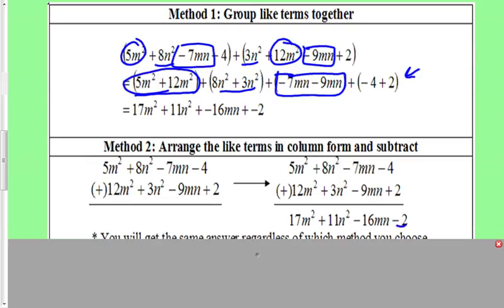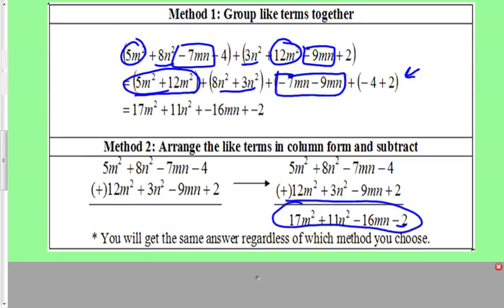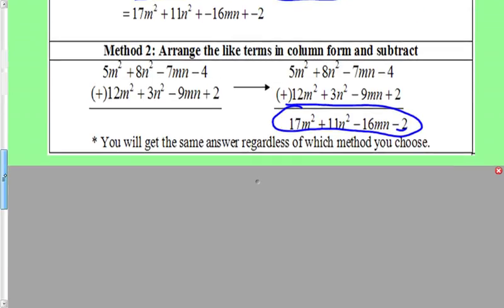Negative 7mn minus 9mn is negative 16mn. 8n squared plus 3n squared is 11n squared. And then 5m squared plus 12m squared is 17m squared. And we get the same result here, just adding it a different way. Totally up to you which way you want to do it. If you do it correctly, you should get the same result with either method.